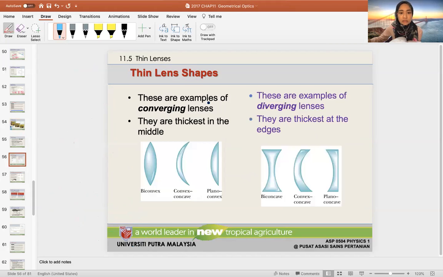Okay, so these are the examples of converging lenses. They are the thickest in the middle. So this one, it says the middle is the thickest. Whereas for diverging, it is the thickest at the edges. Okay, so that's it.